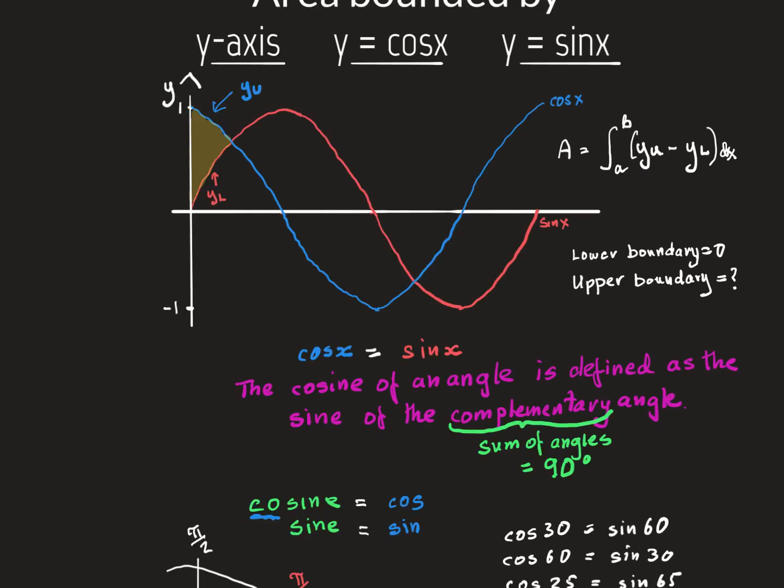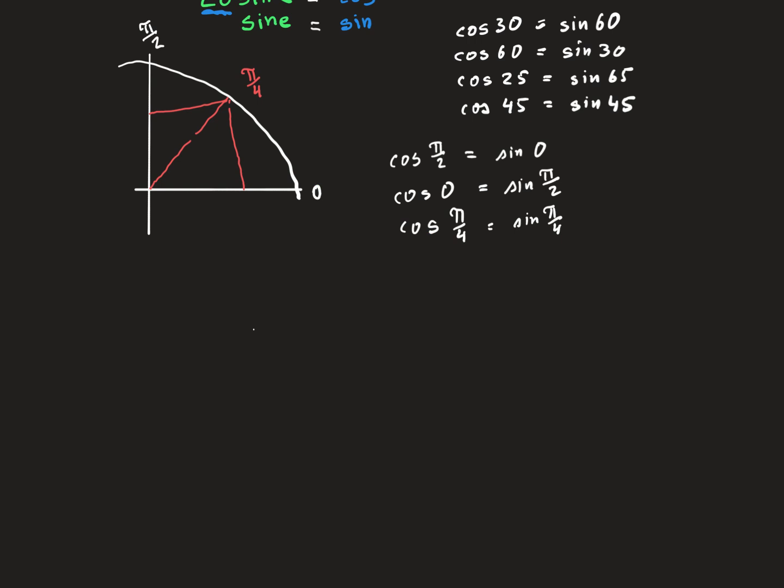So if we look up over here, we know that the second boundary will be pi on 4, just as this is pi on 2 and this is pi. Another way of establishing this was by saying that sine x is equal to cos x. We can rearrange this and say sine x over cos x is equal to 1.